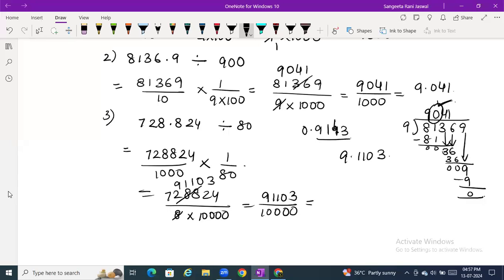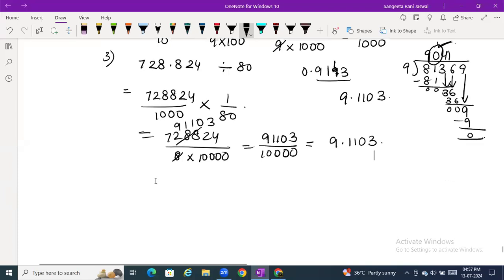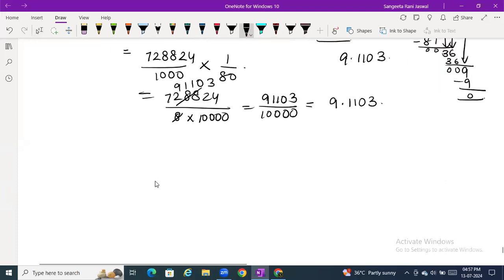Now there are 1, 2, 3, 4 zeros. That means decimal point will be after 4 places, counting from the ones place. So this becomes 9.1103. Okay, children? Is everyone understanding? Yes, ma'am.